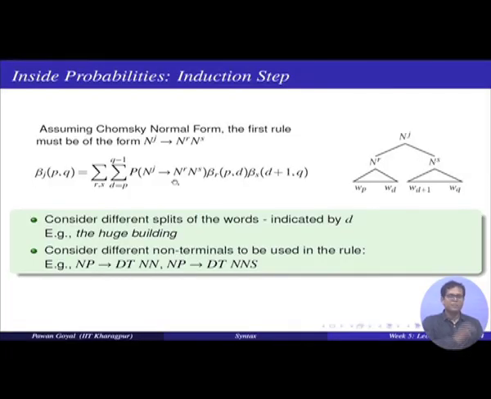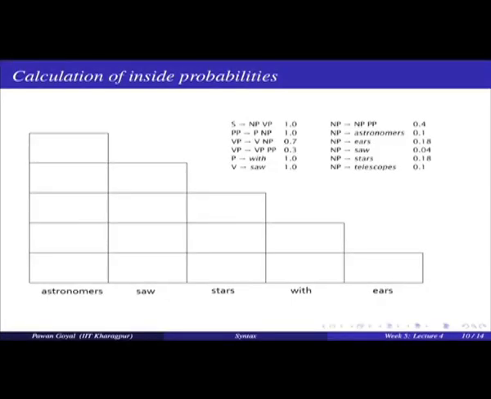So, now we have seen that you can compute it for only the terminals first, and then go bottom up to compute it for other values. Now, if you do a simple example, this is again similar to what we have seen earlier. I am given this PCFG and this is my sentence, and I want to compute the inside probabilities here.